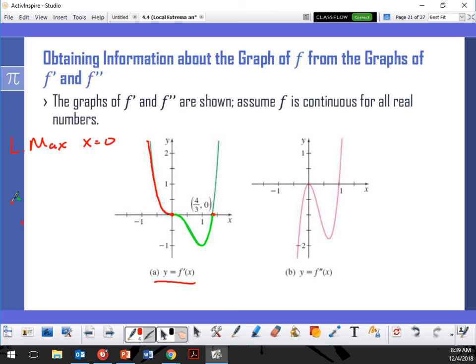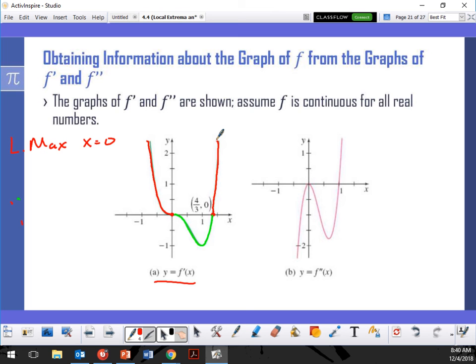Okay, good. Now over here at 4/3, comma 0, my slope, all this in green is all what? Negative. Okay, so just think about where this is located. This is all negative stuff down here, right? And at this point, on the other side it is all going to be positive numbers.